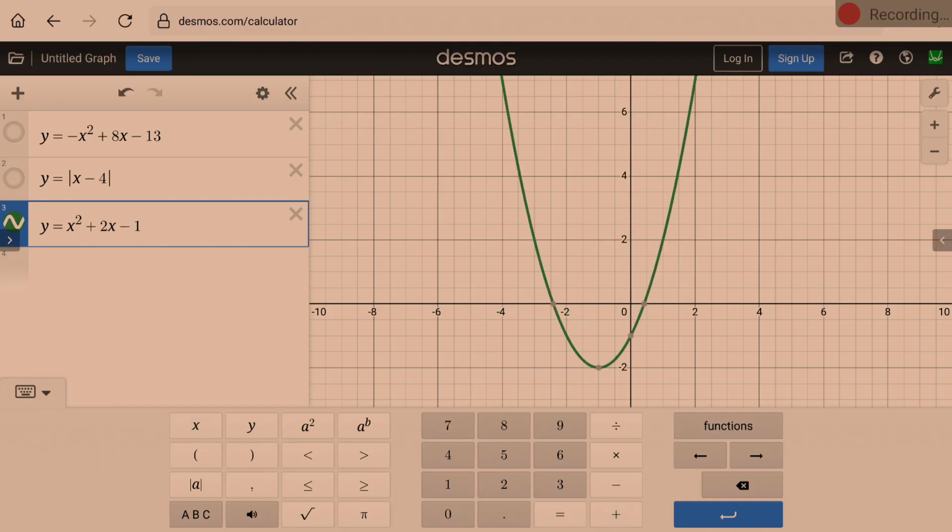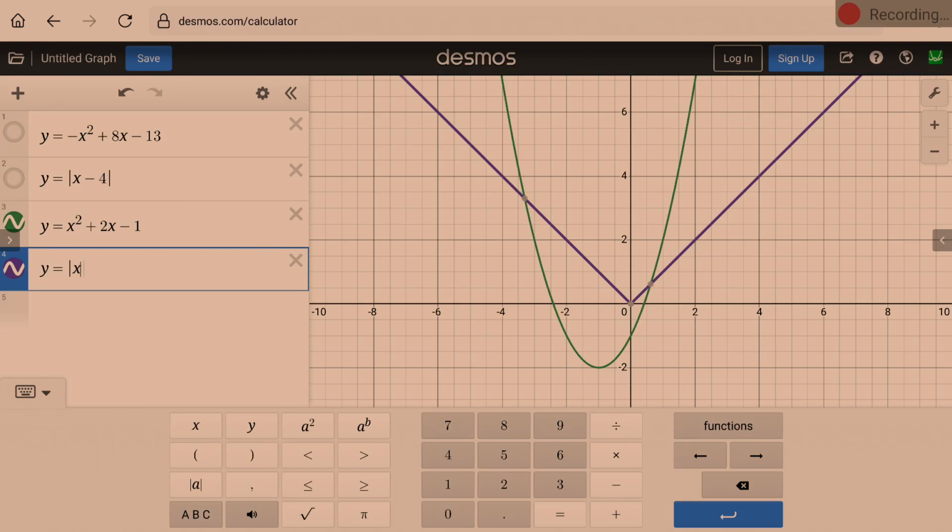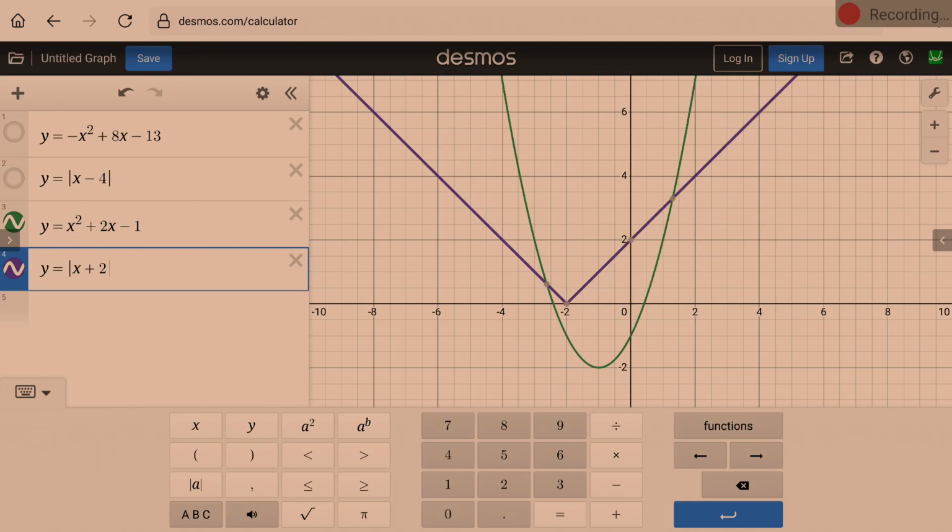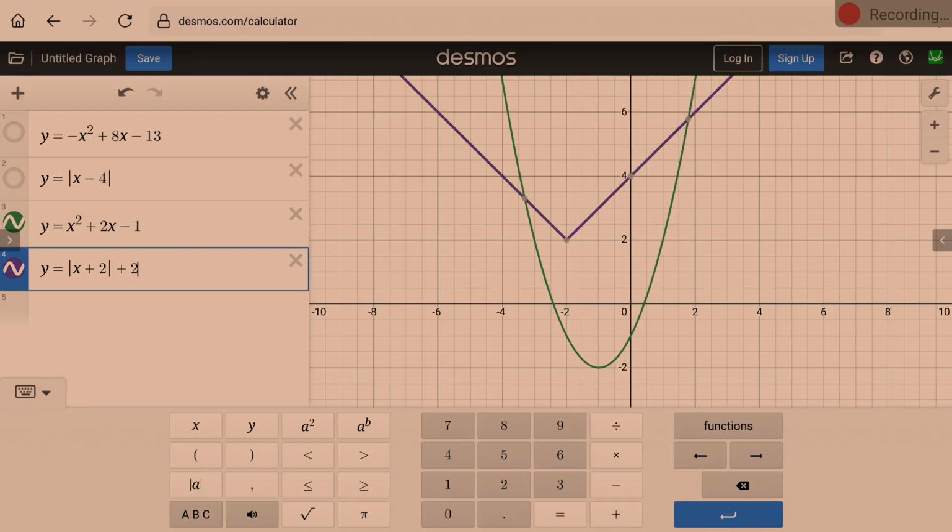So yeah, if you guys are realizing, I just turned those graphs off by clicking the circles here, and that way my equation is still there, but it's just not showing, it's out of my way. What is it, x plus 2 plus 2? Yeah. Make sure when you're typing the x plus 2 that you move outside for the second plus 2, because that's going to move that V. Okay.